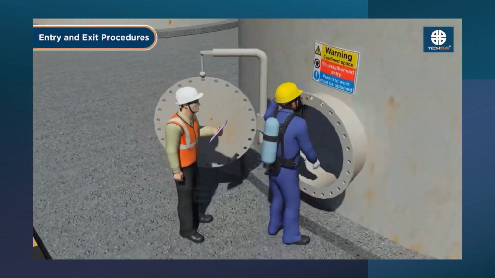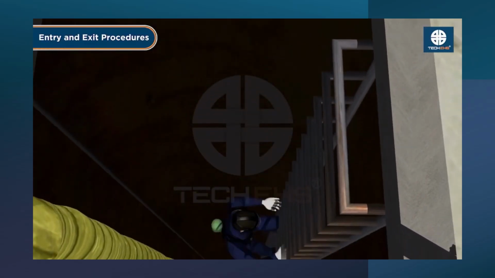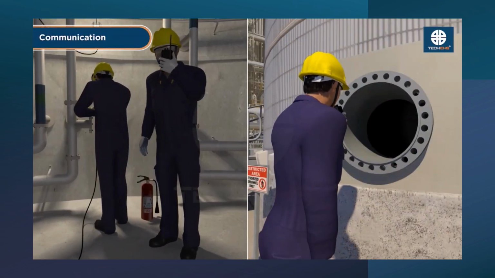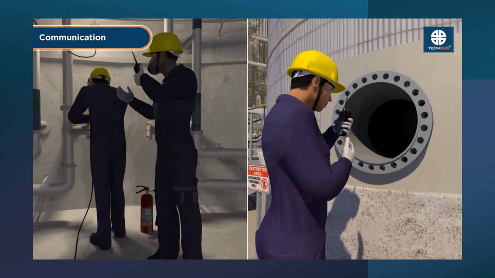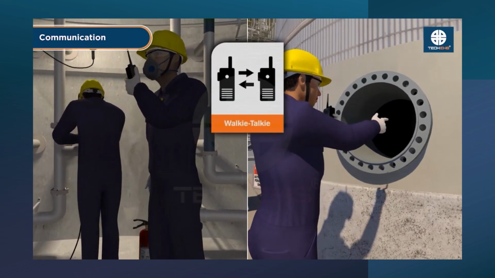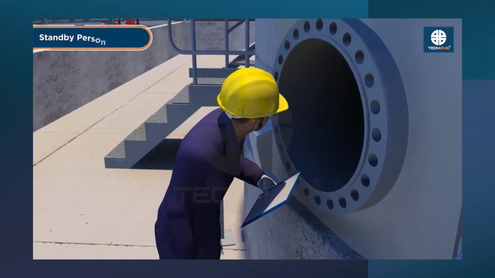Use proper entry and exit procedures. Ensure safe access points, ladders, and fall protection systems to prevent entrapment or falls. Implement continuous communication. Maintain constant communication between workers inside and the standby personnel outside using radios, hand signals, or other reliable methods. Assign a trained standby person.